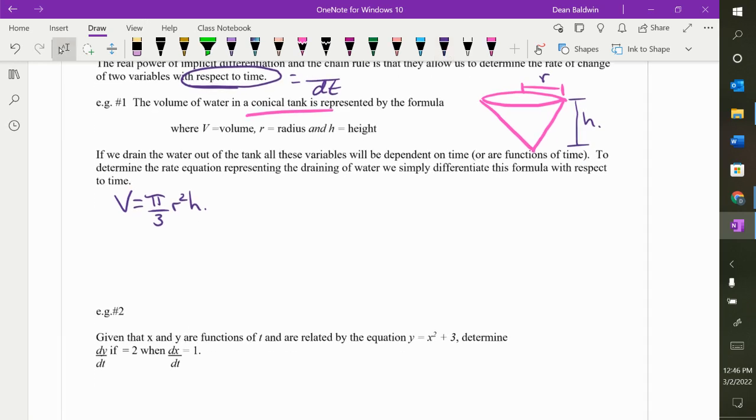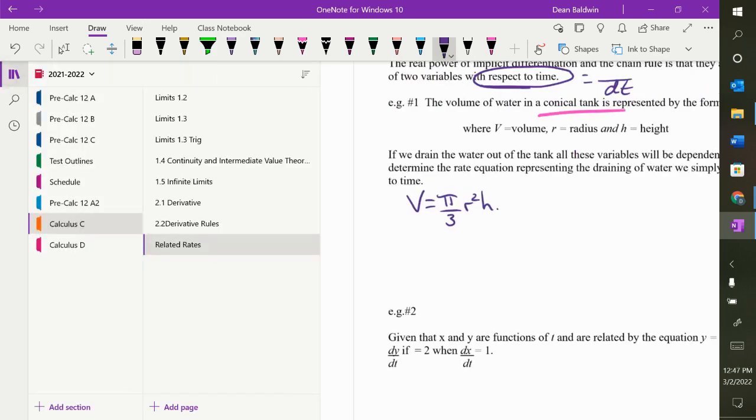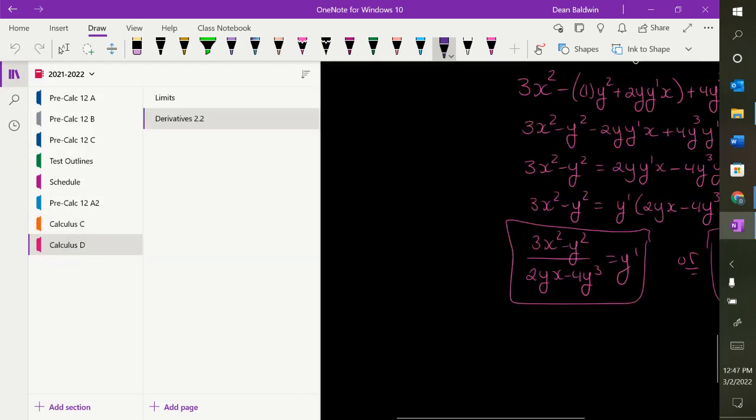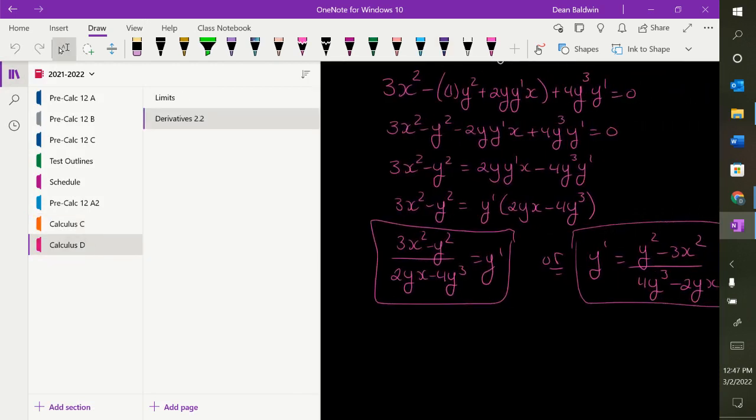So I go, okay, the derivative of v with respect to time. Now, I'm a stickler for this, and I don't know if he will be. Up until this point, when you were doing implicit, we just wrote y prime, because it was dy dx is what you're actually doing there. You're going dy dx, but I'm just going to call that y prime.